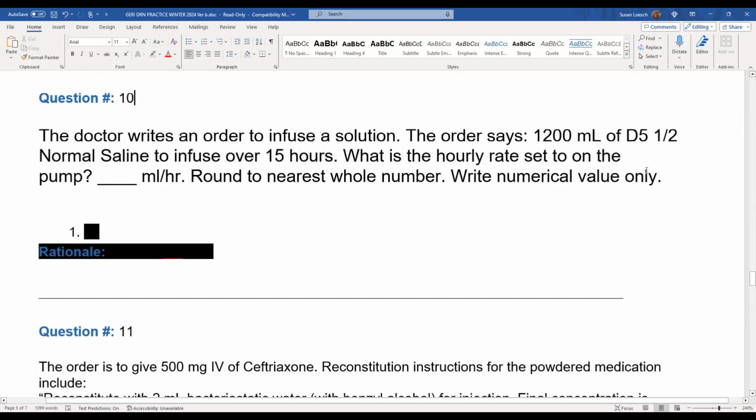So here it's going to be volume over time. My time has to be in hours, or I have to convert at the end if it's in minutes. All right, we were going to practice some of those.